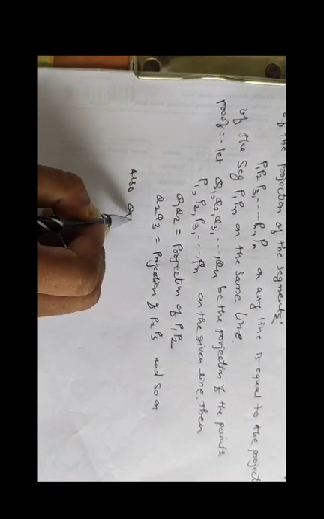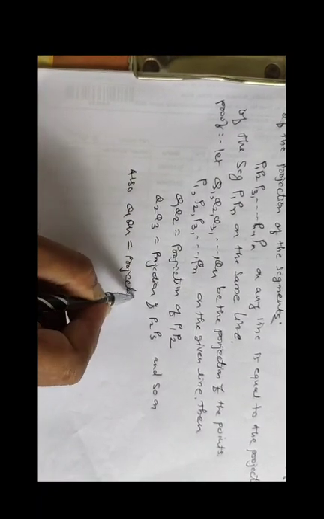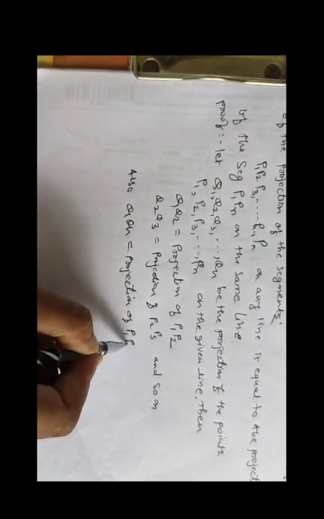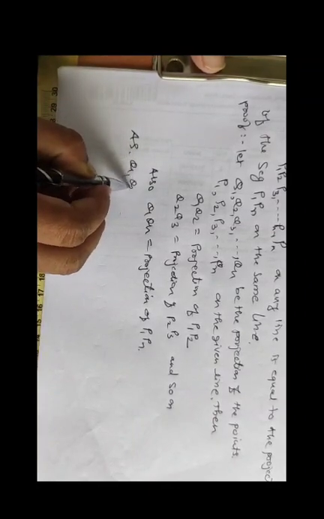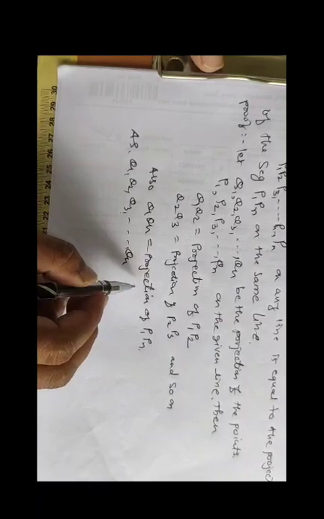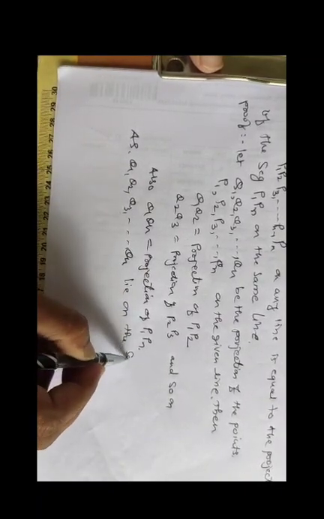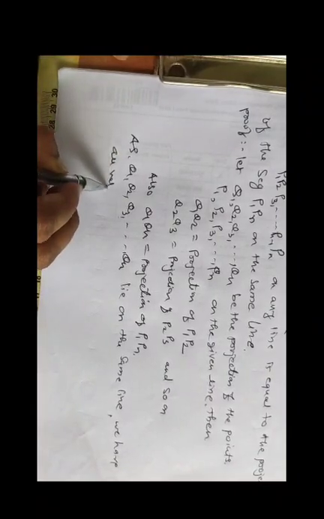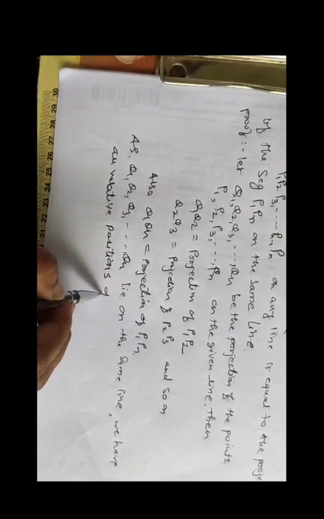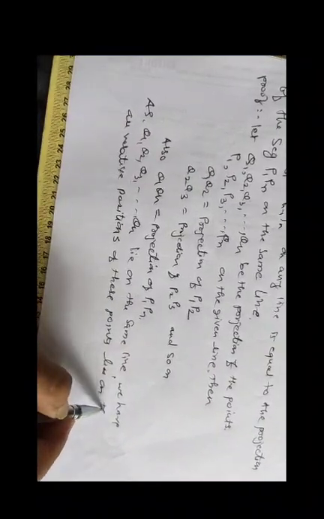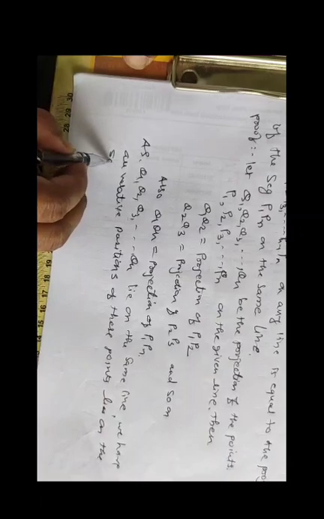Also Q1Qn is the projection of P1Pn. So as Q1, Q2, Q3 to Qn lie on the same line, all these points lie on the same line.